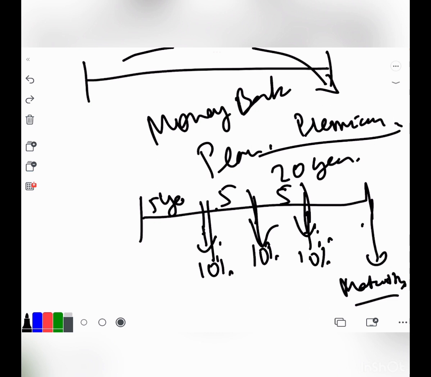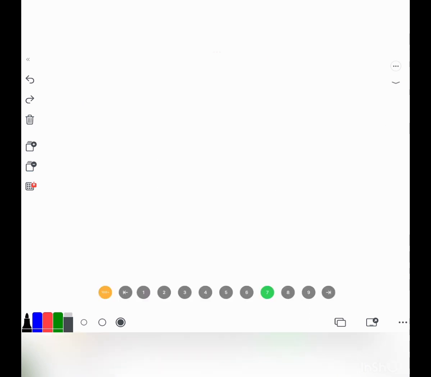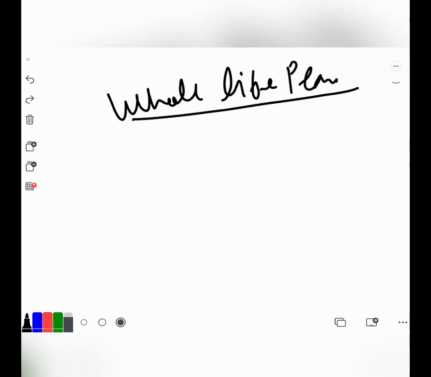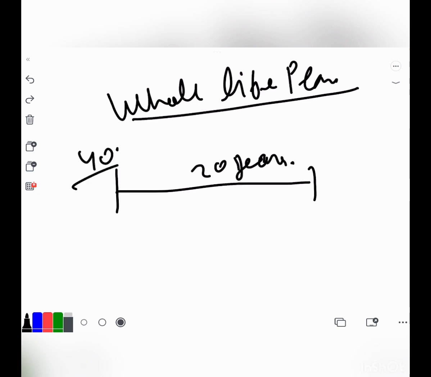Then the next one is the whole life plan. Okay, in an endowment plan, suppose you have taken a plan for 20 years. Suppose you are, say, 40 years old now. Let us assume. So at the end of 20 years, you will be 60 years.